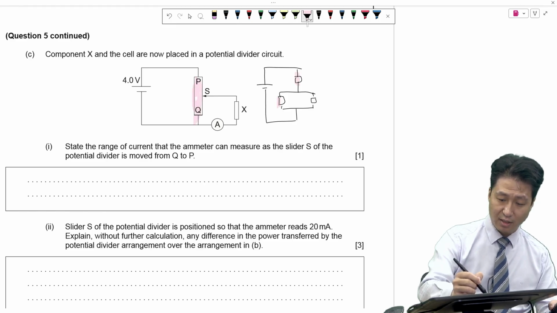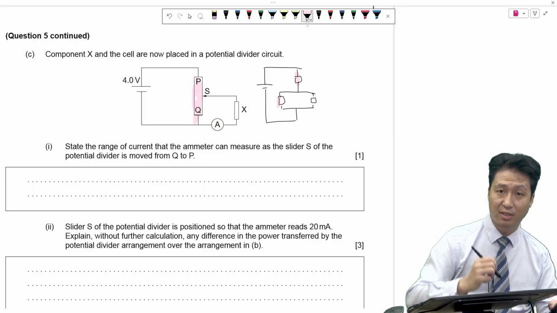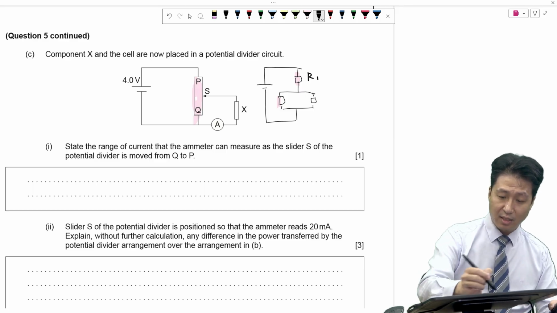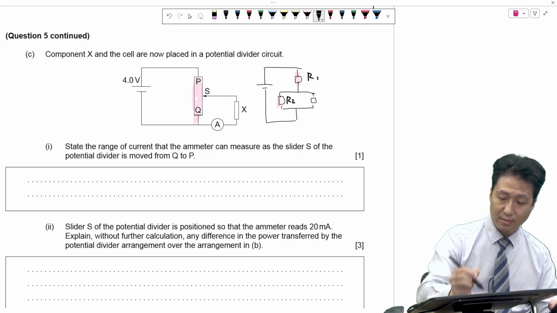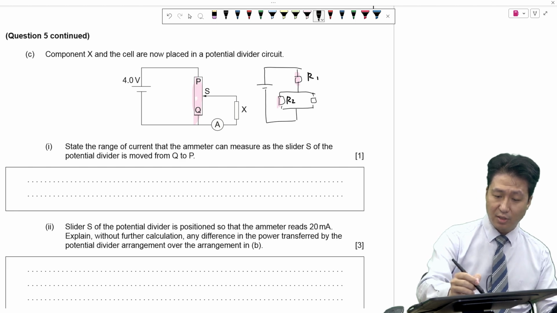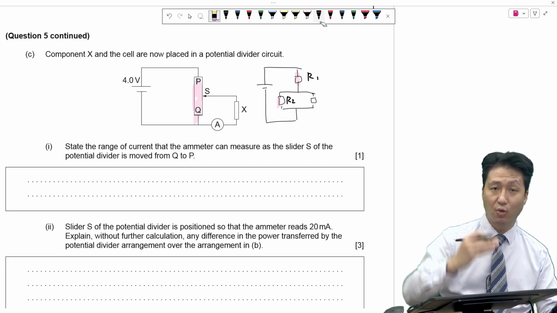So this resistor represents this one. And what happens is these two resistances, call this R1 and R2, they're going to change. So you can make R1 bigger or R2 bigger depending on where you are in the slide.